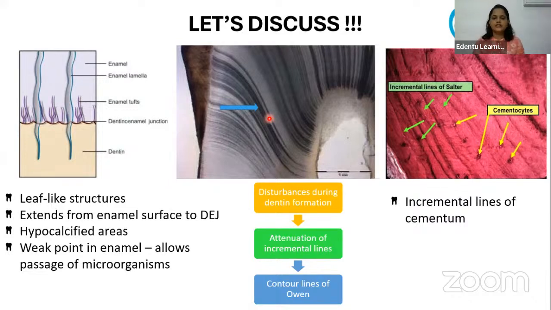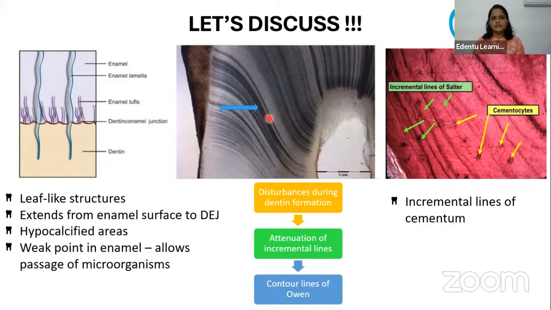There will be a slowing down of dentine formation during that period, and then it will again be back to normal. This will result in an attenuation of the incremental lines. So attenuation of the incremental lines of dentine will happen.